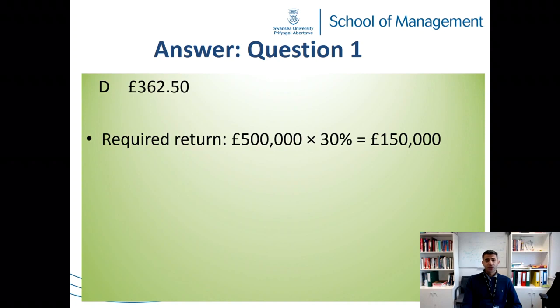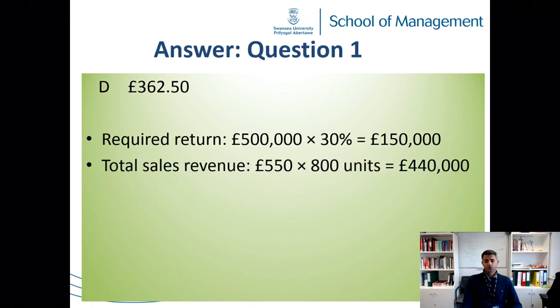So let's have a look. The sales revenue would be £550 per unit, multiplied by 800 units, which is our expectation for next year. If you multiply 800 by £550, that goes to £440,000, the total sales value.